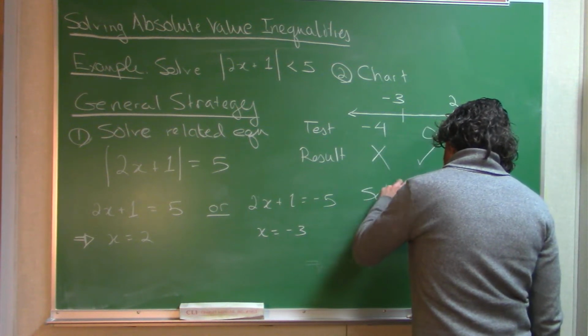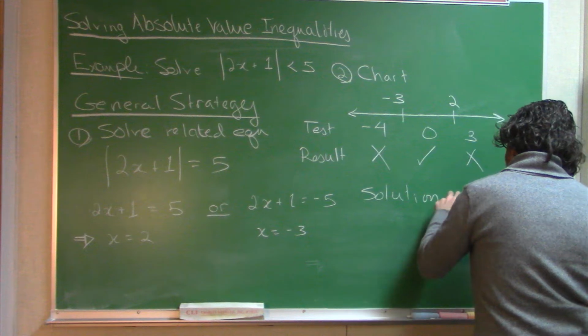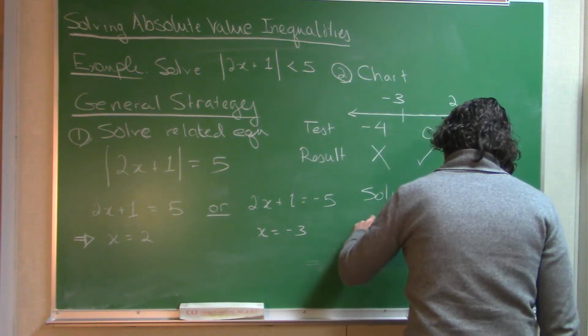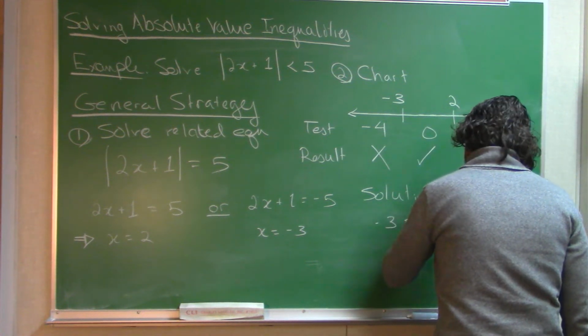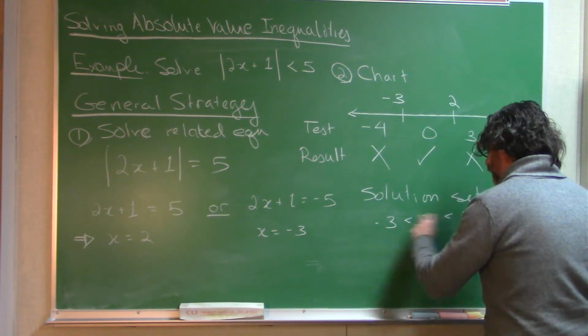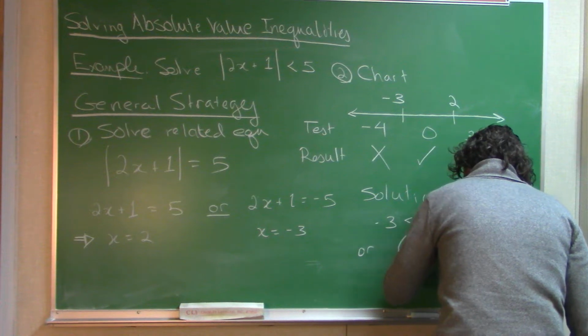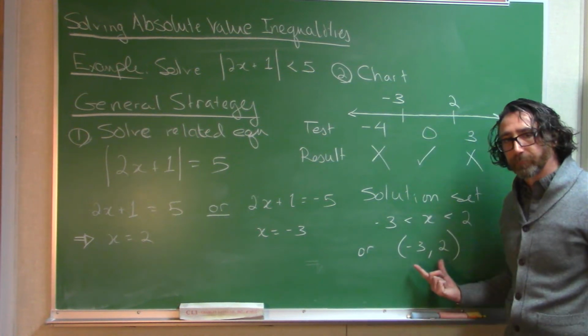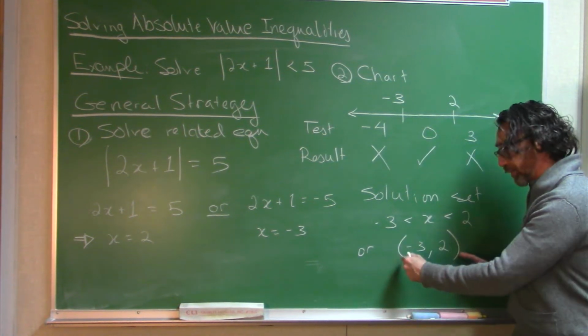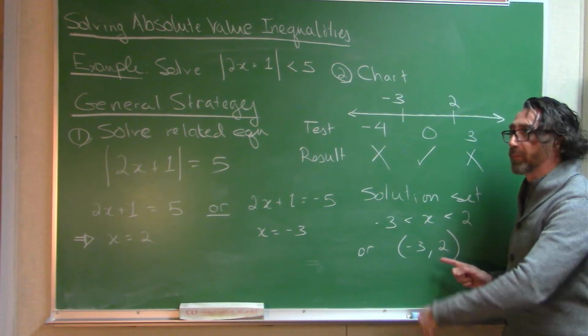So my solution set is the set of all x values between -3 and +2, for an interval notation like this. Okay, notice I have the parentheses rather than the brackets.